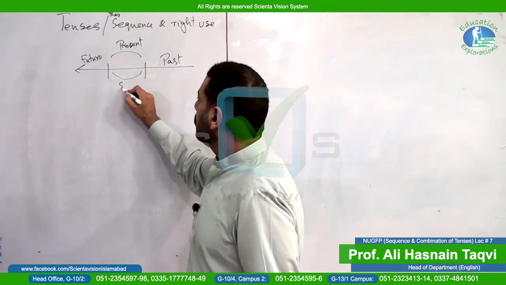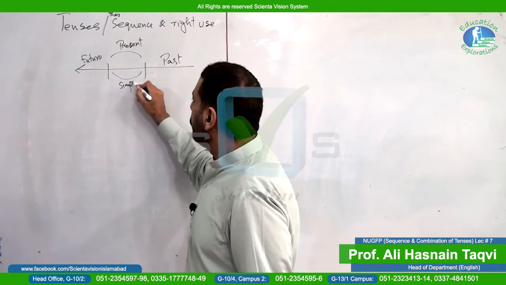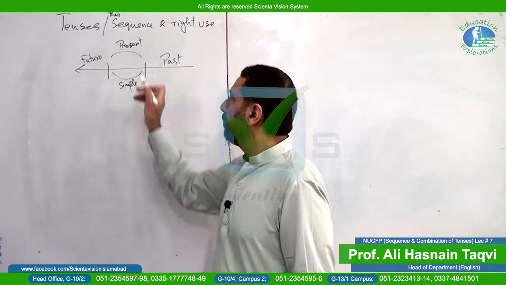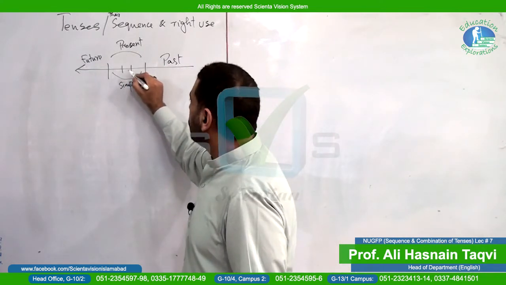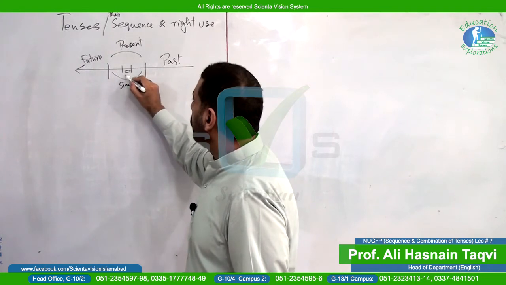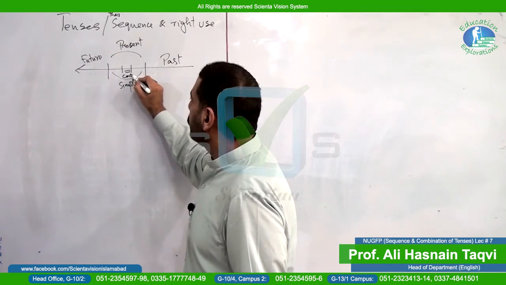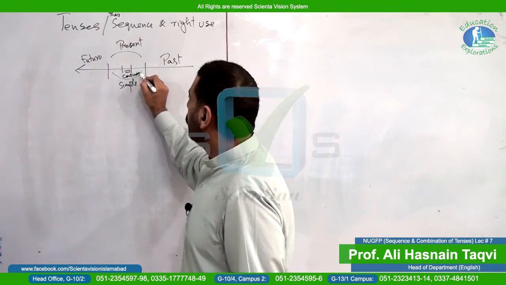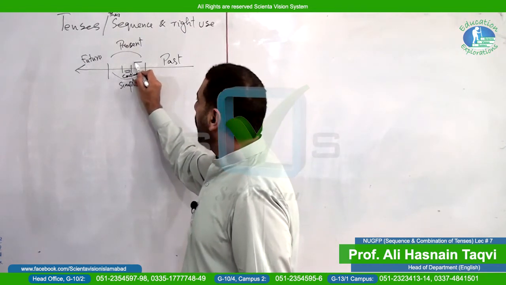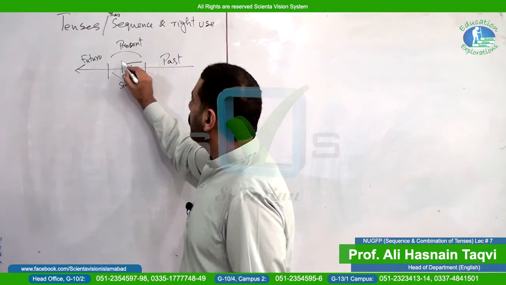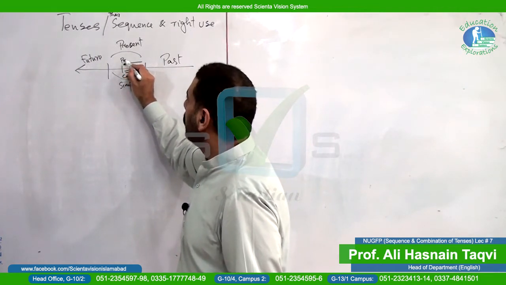One is without any specific time. This is called present simple. Then in that domain, if there is some activity going on, that is called continuous. Now, if an action has reached here, this is perfect.